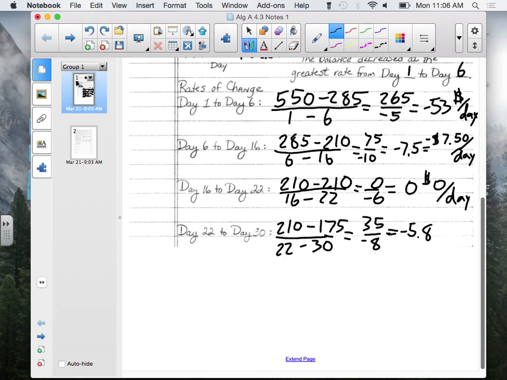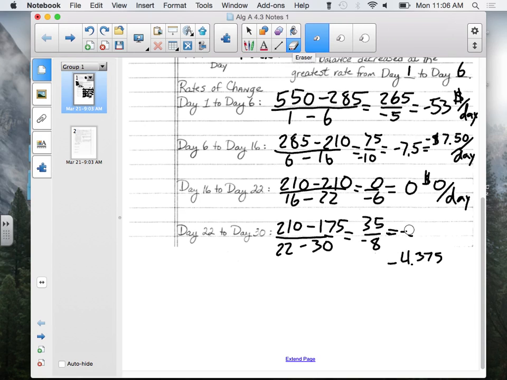Is that what everyone else got? Okay, so Michaela got negative 4.375. Okay, yep, I accidentally divided by negative 6. Alright. So Michaela got negative 4.375.